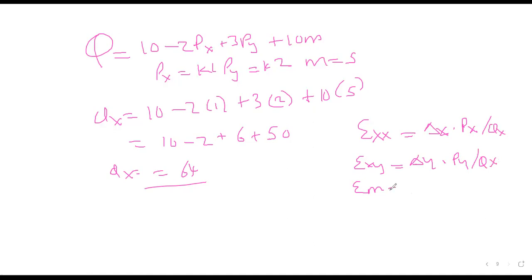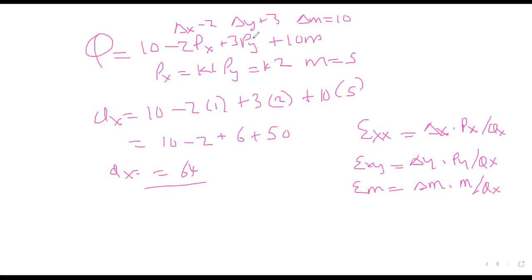Income: the gradient for the income times the actual income over the quantity that we've calculated. So we have three gradients here. Gradient for good X is -2. Gradient for good Y is +3. And gradient for income is 10.